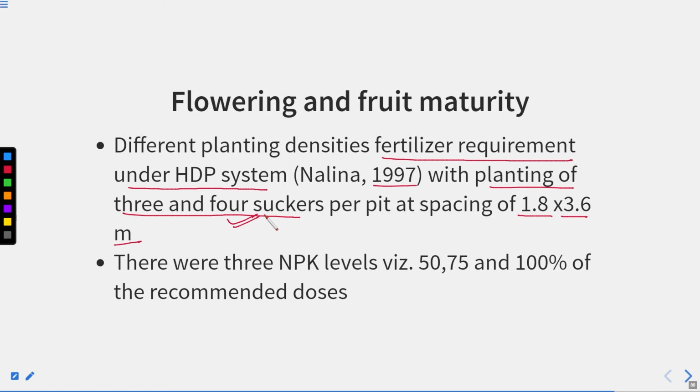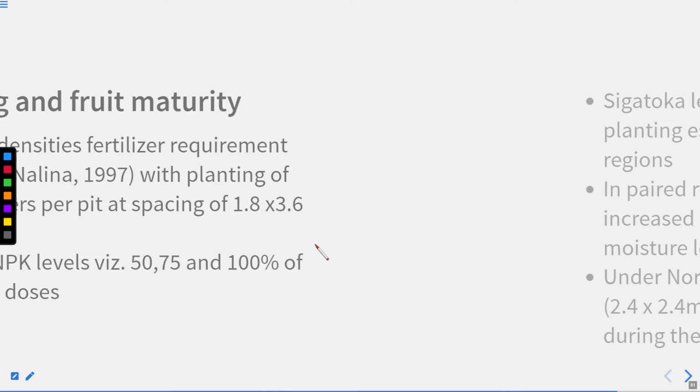That is high density planting, because the density of the plant will be more as you are planting 3 to 4 suckers in one single pit. There were 3 NPK levels: 50, 75 and 100% of the recommended doses of nitrogen, phosphorus and potassium. These are the three very important minerals required by the banana plant.